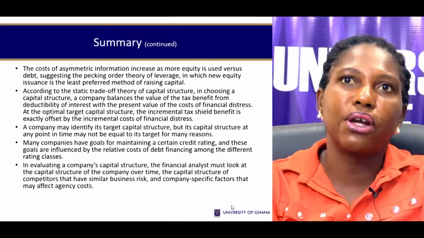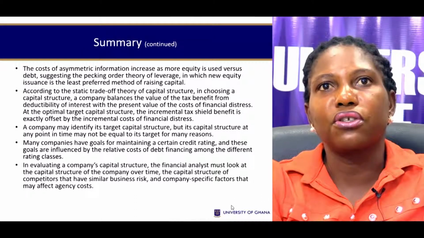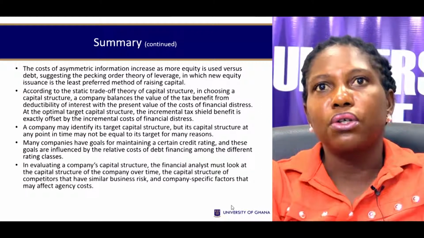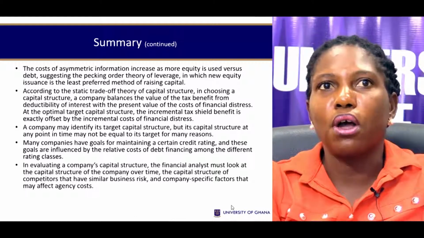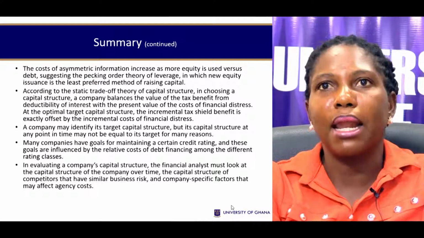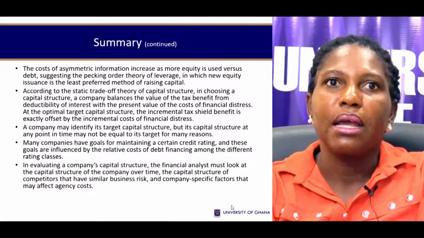So with the static trade-off capital structure theory, when choosing capital structure, the company would balance the value of the tax benefit against the present value of the cost of financial distress. And at the optimal point where they balance off, that is the point considered optimal.